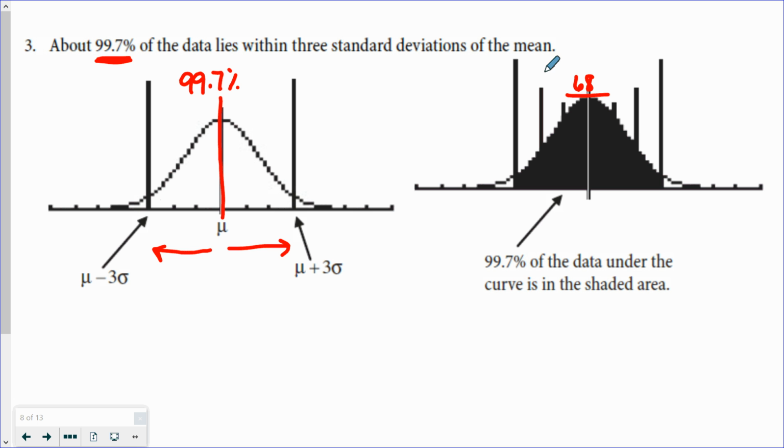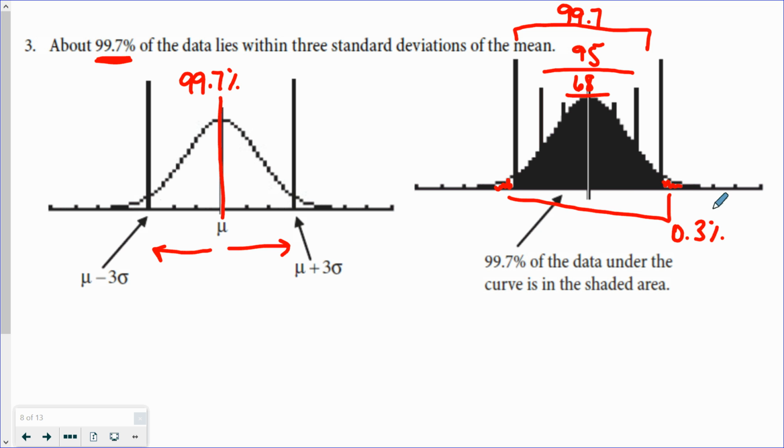I'm not going to go switch back the colors, but we know 1 standard deviation was 68, 2 was 95, 3 is 99.7. So that would leave in these two little tails 0.3% of the data left over between those two tails, or 0.15 and 0.15.